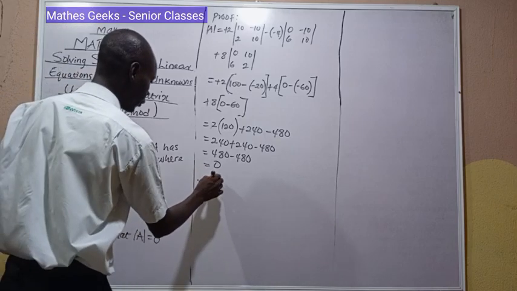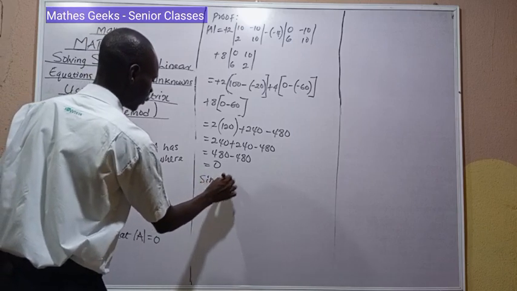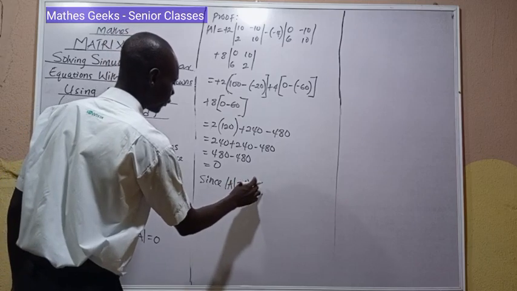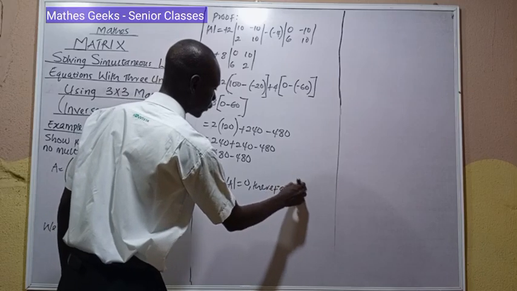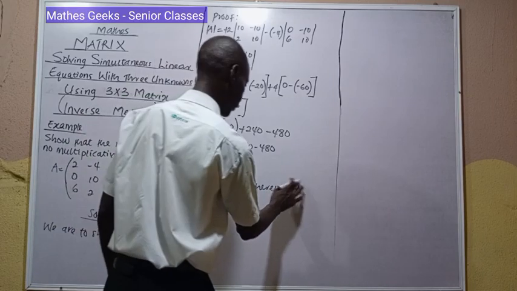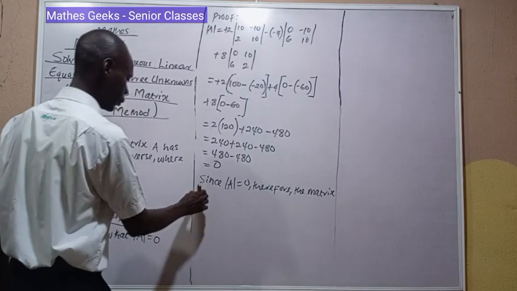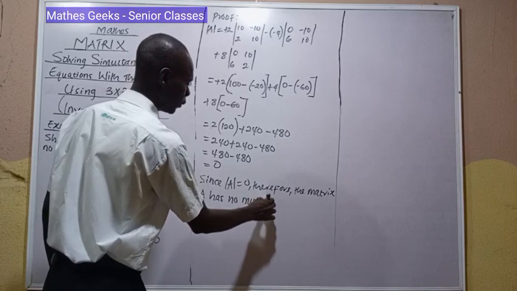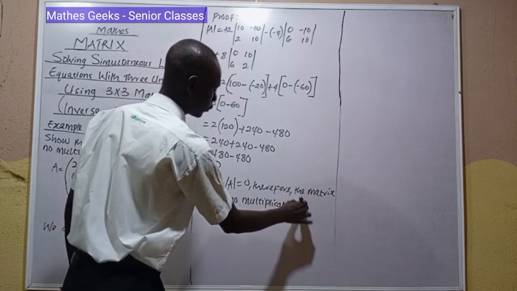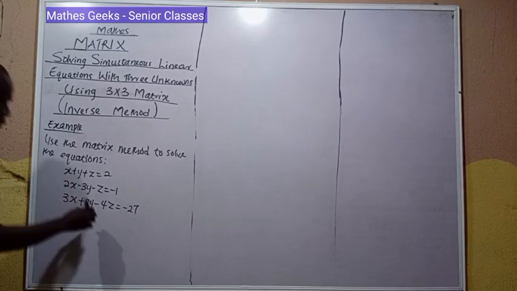Therefore, since the determinant of matrix A is equal to 0, matrix A has no multiplicative inverse. Our solution.